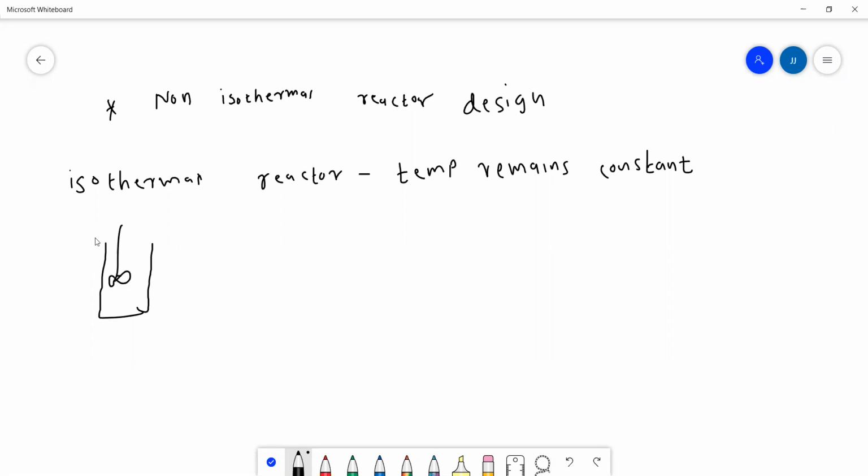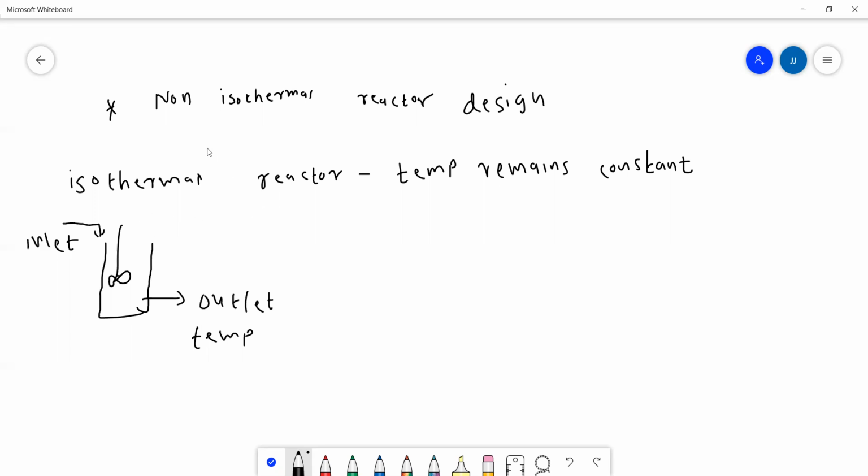This is the CSTR. So whatever temperature reactants have, the same temperature the products have. So the inlet and outlet temperatures are the same. Both are equal in an isothermal reactor.